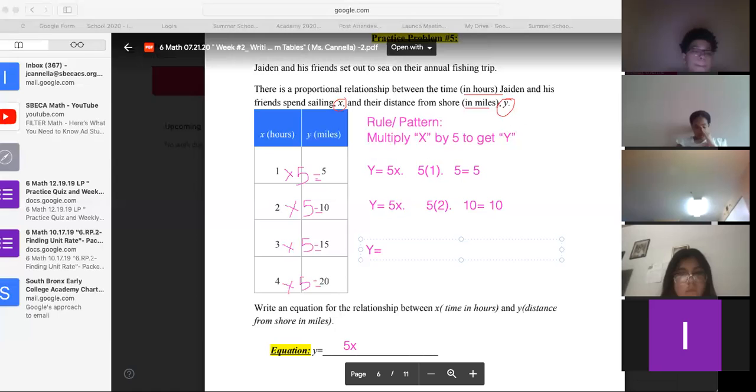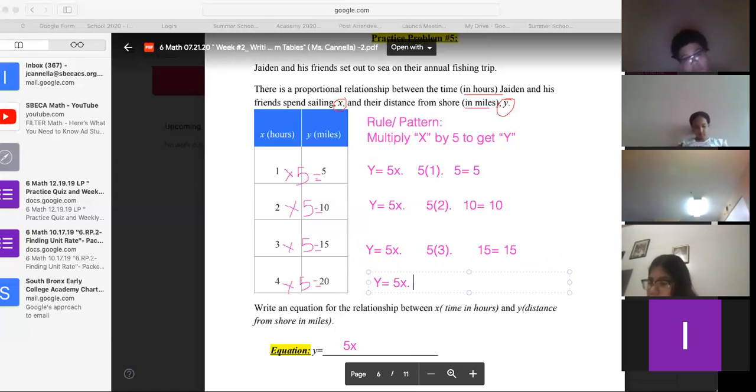Y equals what? 5x. 3 times 5 equals 15. So 15 equals 15. Good. And let's do the last one to check our work to prove that it's correct. 4 times 5, 5 times 4 equals 20. Is 20 equal to 20? Yes. So there you go. There is how you know that the work is correct.